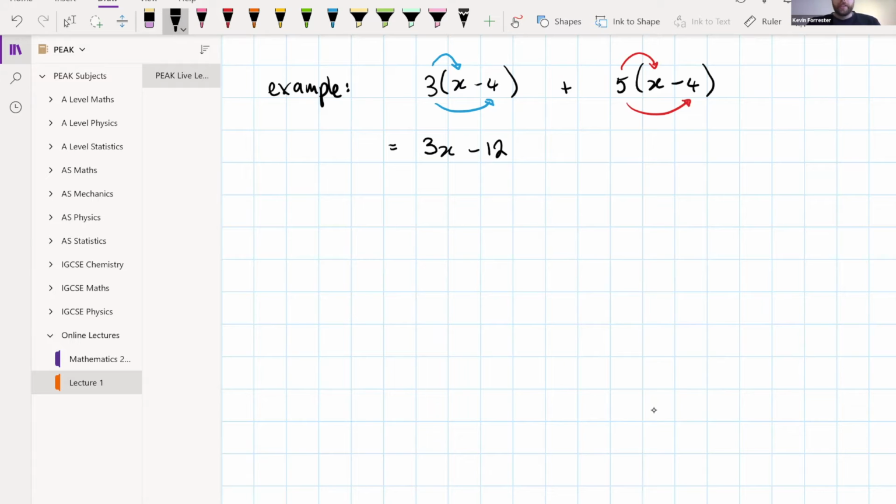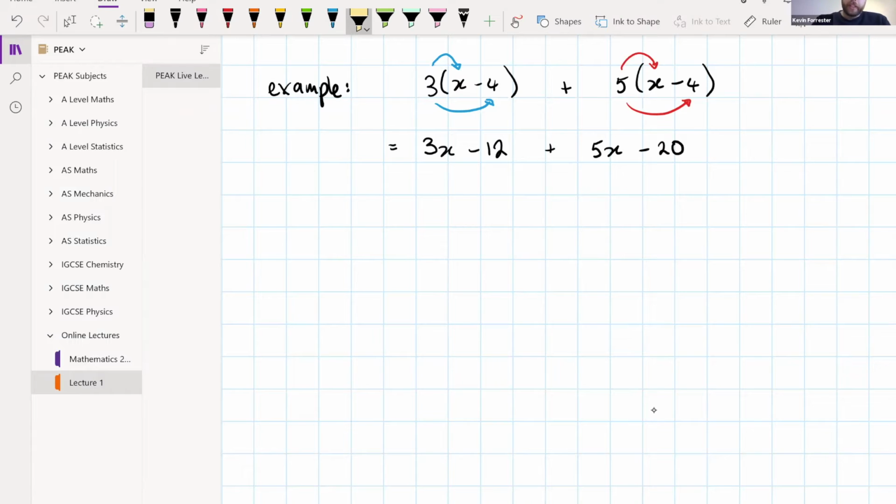Notice that the sign belongs to the term on its right. And we do the same thing here. So plus 5 times x is 5x, and 5 times minus 4 is minus 20. Right, now we have to do the simplification step.